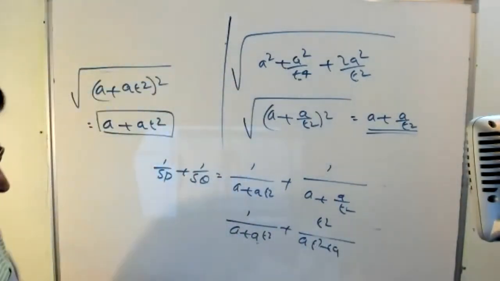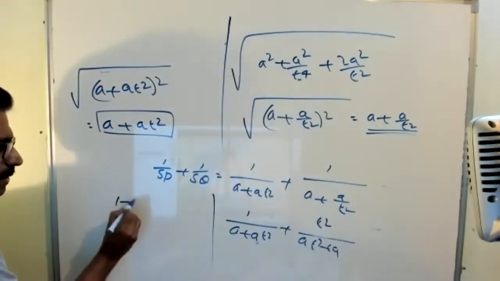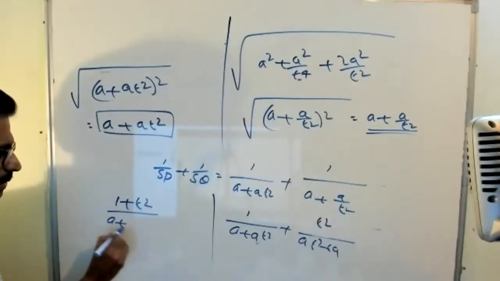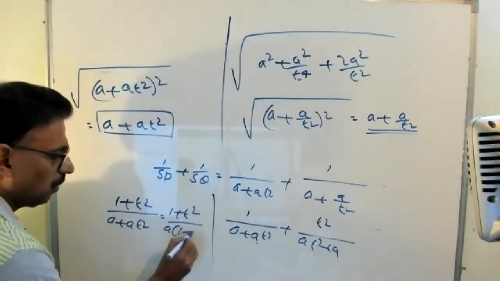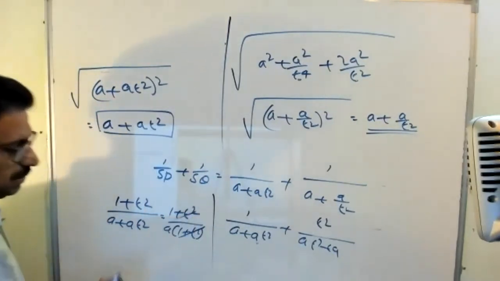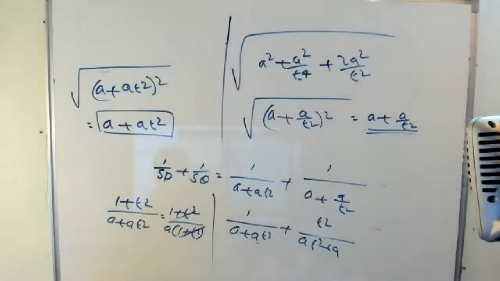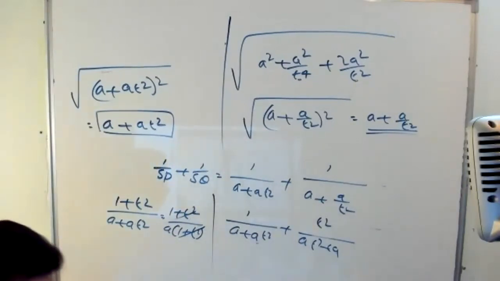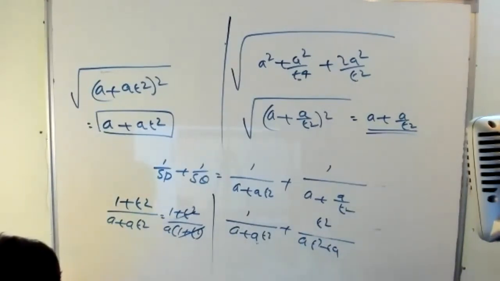Same denominator, we can write 1 plus t square by a plus a t square, which is equal to 1 plus t square by a into 1 plus t square. That is cancelled. Answer is 1 by a, which is independent of t. Okay, copy now. You all got up to here, right? Okay, then good.